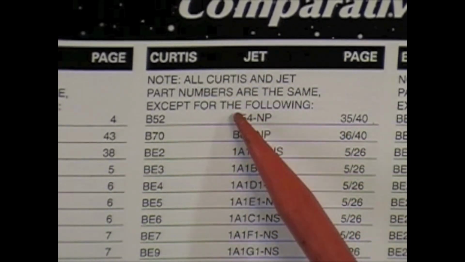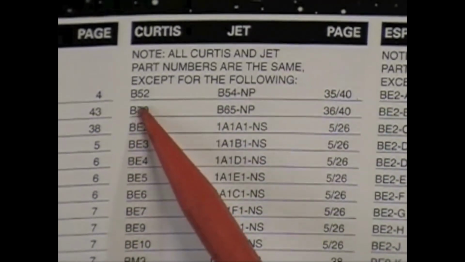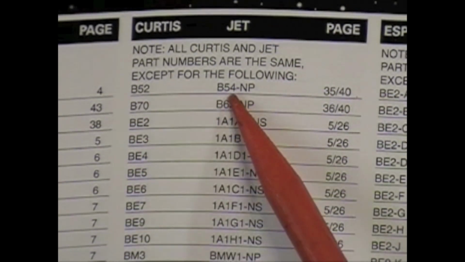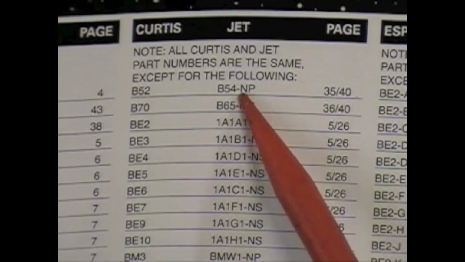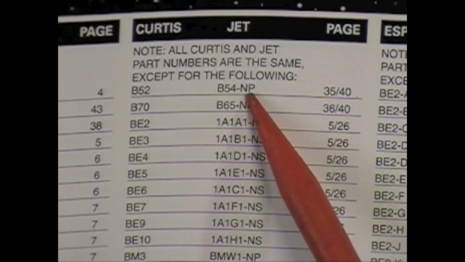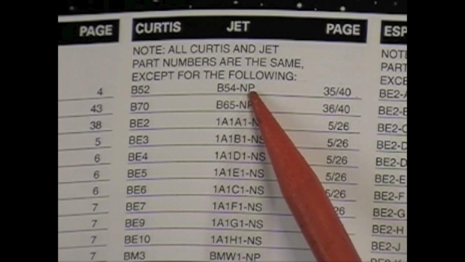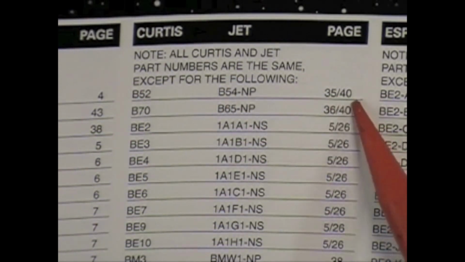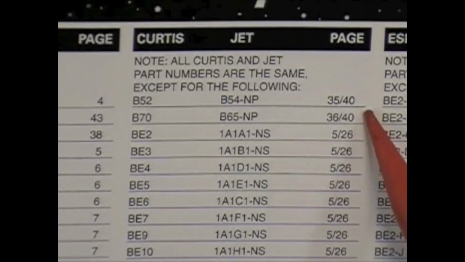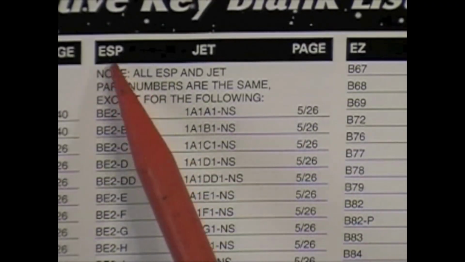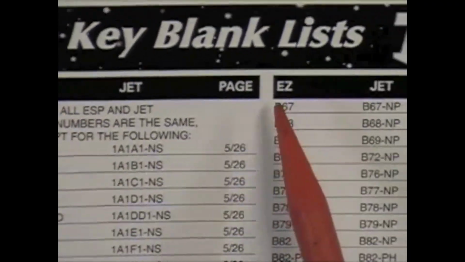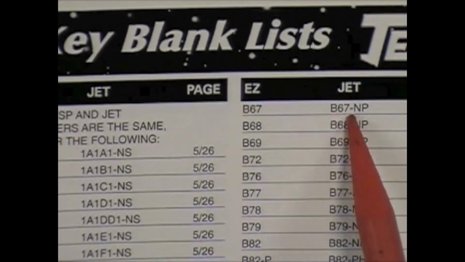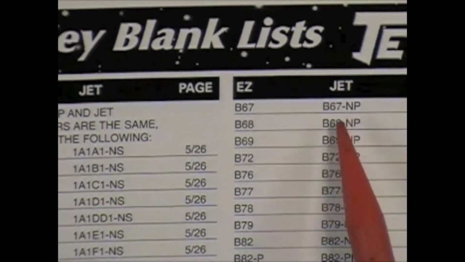They're only going to list the ones that are different. For example, in the Curtis, B52 is the same as the JET B54, then -NP. The NP simply means it's nickel plated. And this key blank is on 2 different pages, page 35 and page 40. And you can see they have 4 ESP key blanks, and then also the EASY numbers compared to the JET numbers.